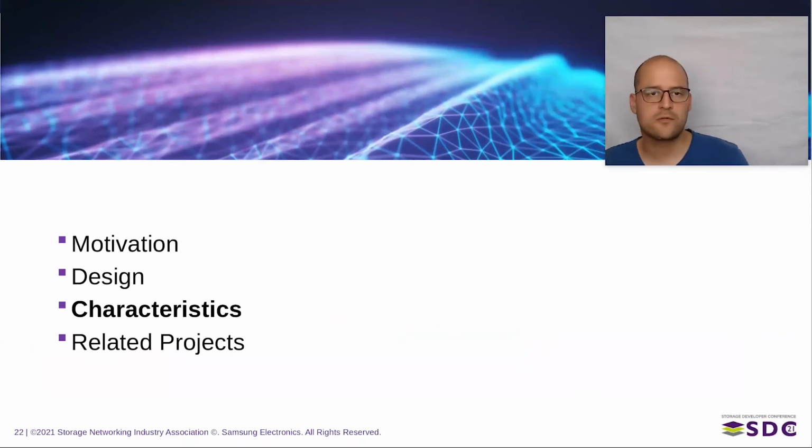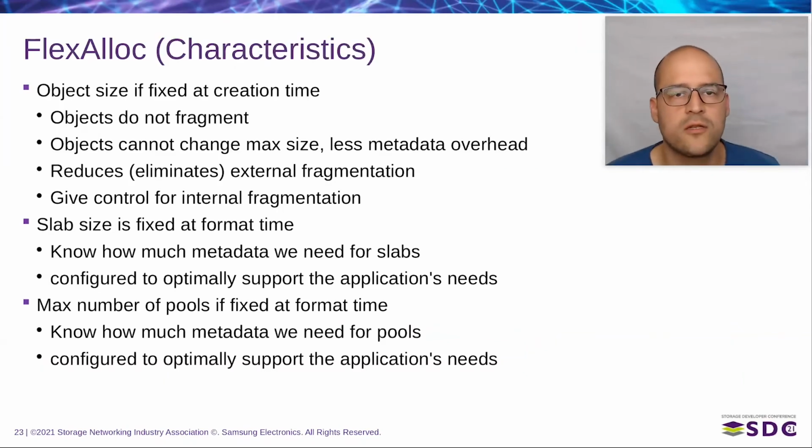Now let's talk about some characteristics, and let's start with some characteristics related to size. The object size is defined when it is created, which means that it can't be exceeded. As mentioned previously, the object is also contiguous and is not fragmented.